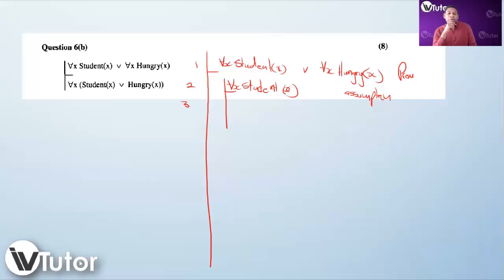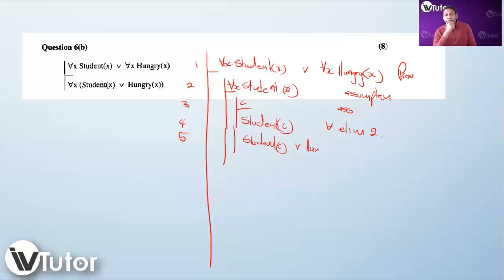Then number 3, in terms of C, we make an assumption in terms of C. Then number 4, we have student(C). That's universal elimination on number 2. Then number 5 is going to be student(C) or hungry(C).